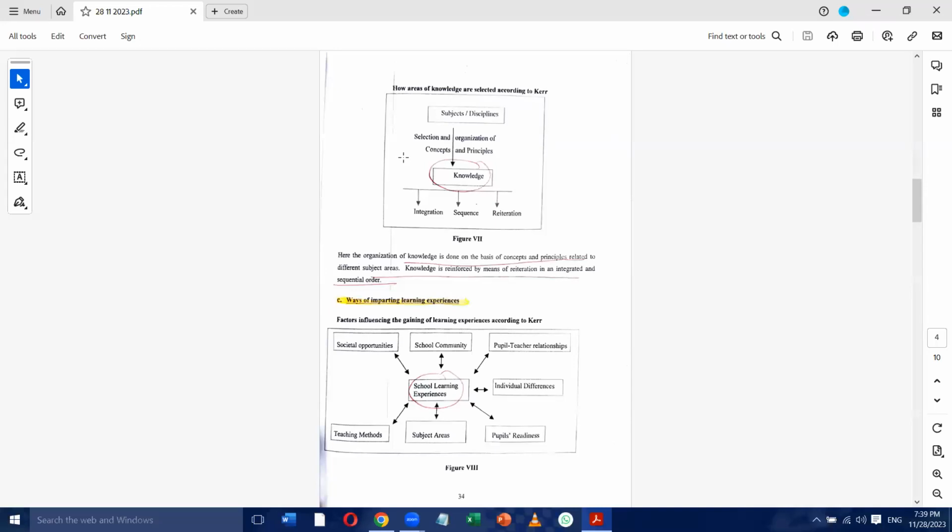That also should be considered when building up the knowledge side of the curriculum. So here the organization of knowledge is done on the basis of concepts and principles related to different subject areas. Knowledge is reinforced by means of reiteration in an integrated and sequential order.